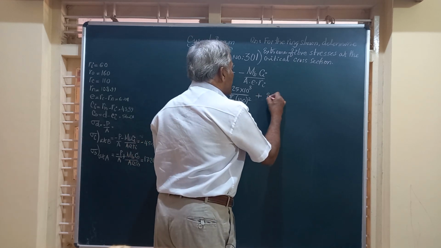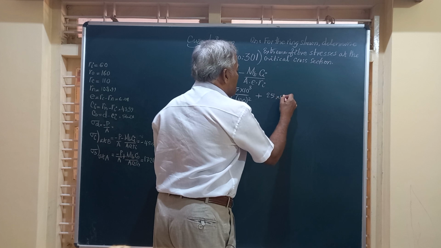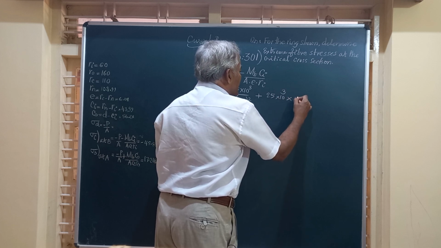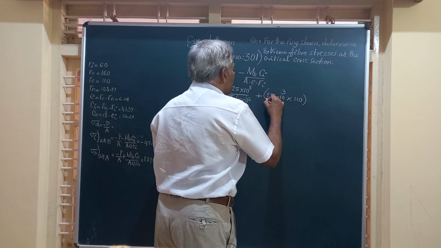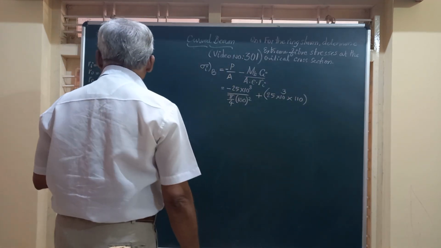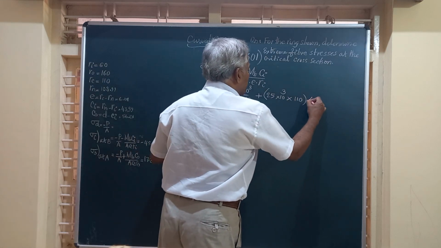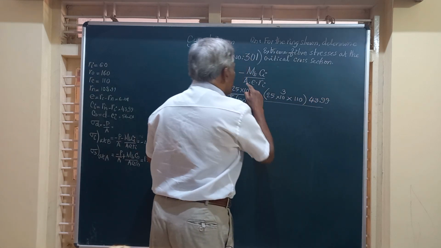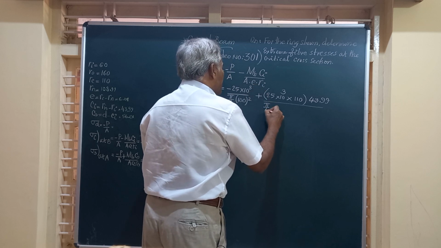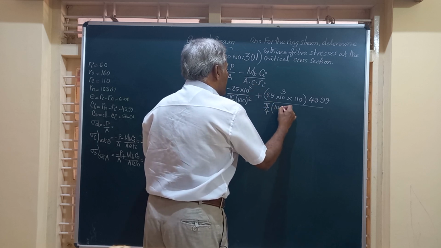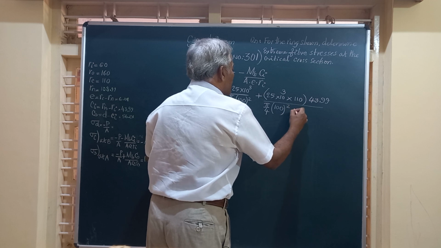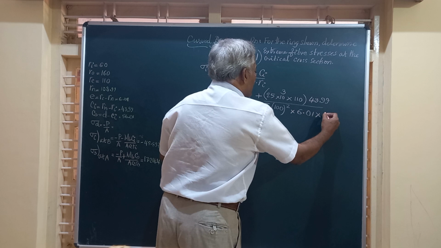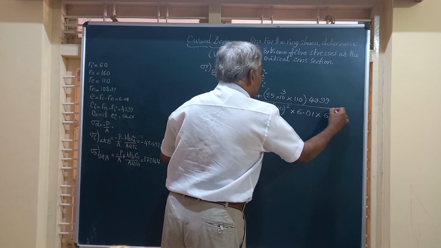Plus MB, I think I told you already, it is P into RC. P is 25 into 10 to the power of 3. RC value is 110, we have calculated. CI value is, friends, 43.99, divided by area, again pi by 4, 100 square, diameter square, multiplied by eccentricity 6.01, and this value of Ri is 60 millimeter.